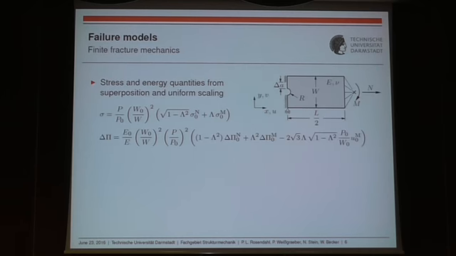As I said, we can obtain the relations for the stress and energy quantities using a couple of scaling laws. For example, if we use this finite element model depicted here, and we use a uniform scaling, that is, we scale the width equivalently to the length, then we can use two individual load cases, one with only normal force loading, one with only bending loading, and superimpose those using this law, which also includes our load parameter and the plate's width, where the subscripted zero parameters reference our finite element solution to just obtain our stress quantities.